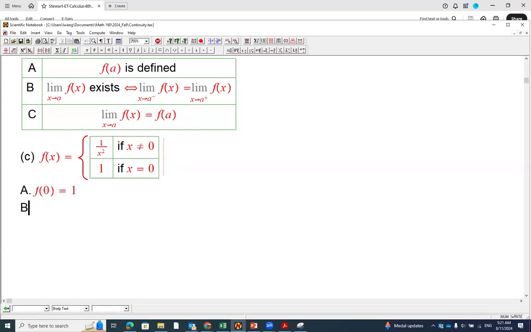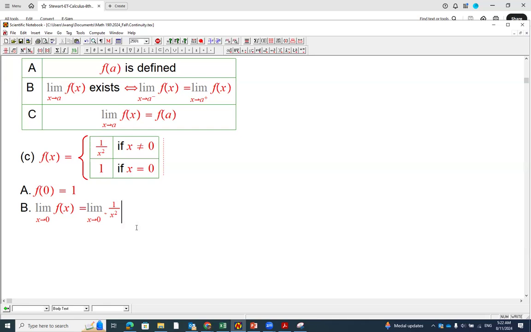Number 2, we're going to check the limit. We take the limit of the function at 0. What do we get here? The limit of the function as x approaches 0 from either side, from less than 0 or greater than 0.